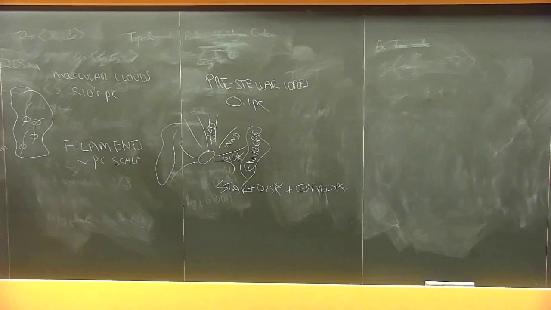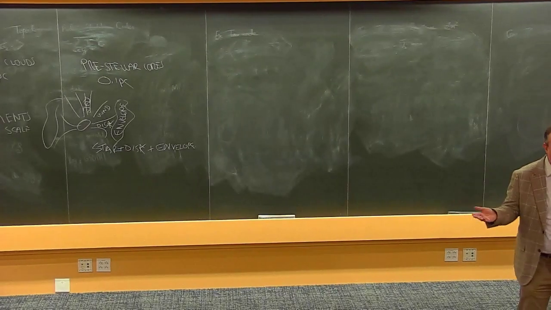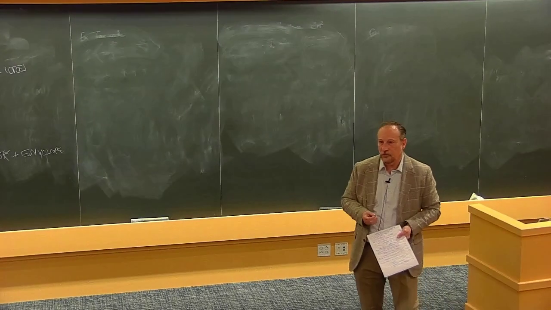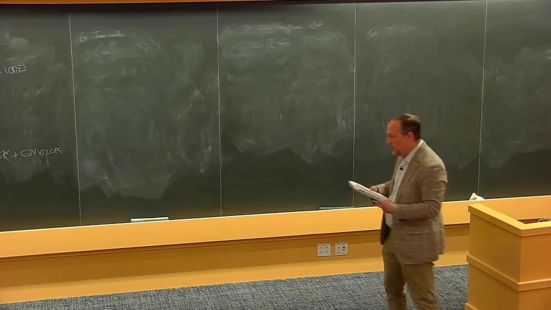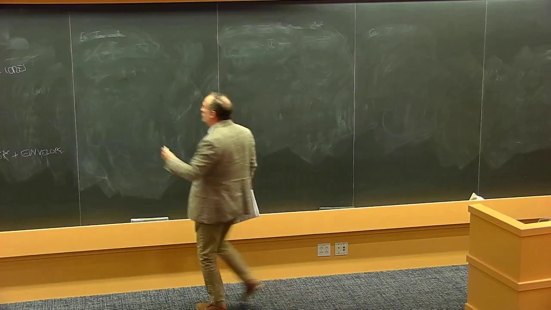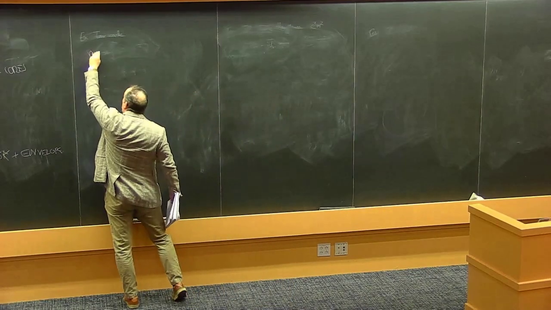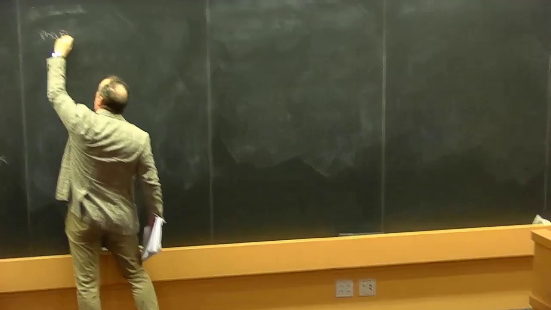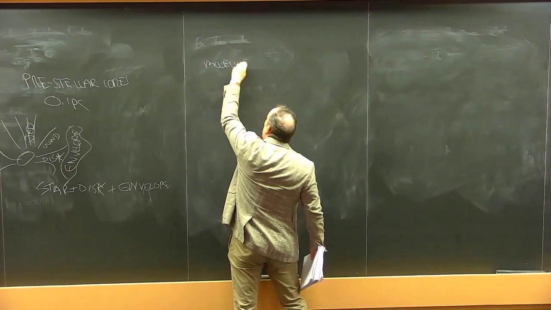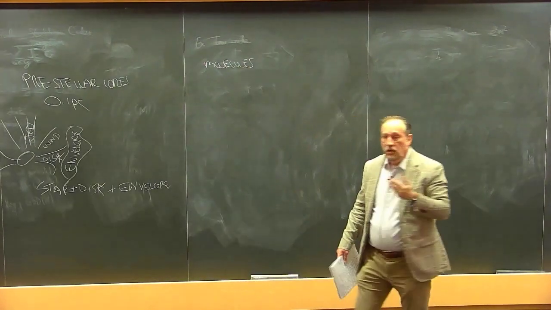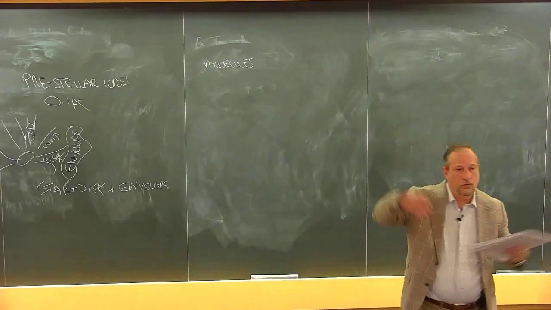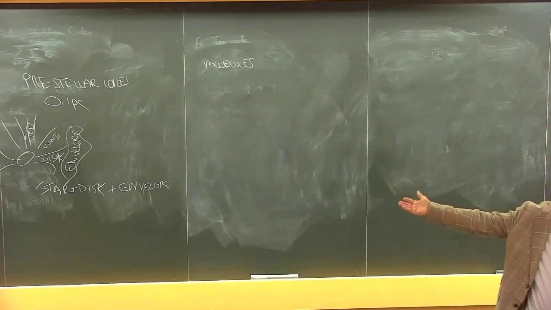Okay, so now we have our probes. There are two probes, of which one of them, molecules, is full of multiple probes, because different molecules are different tools, essentially. The first one I'll talk about is molecules. Generally when you think of interstellar space, it's filled with hydrogen.